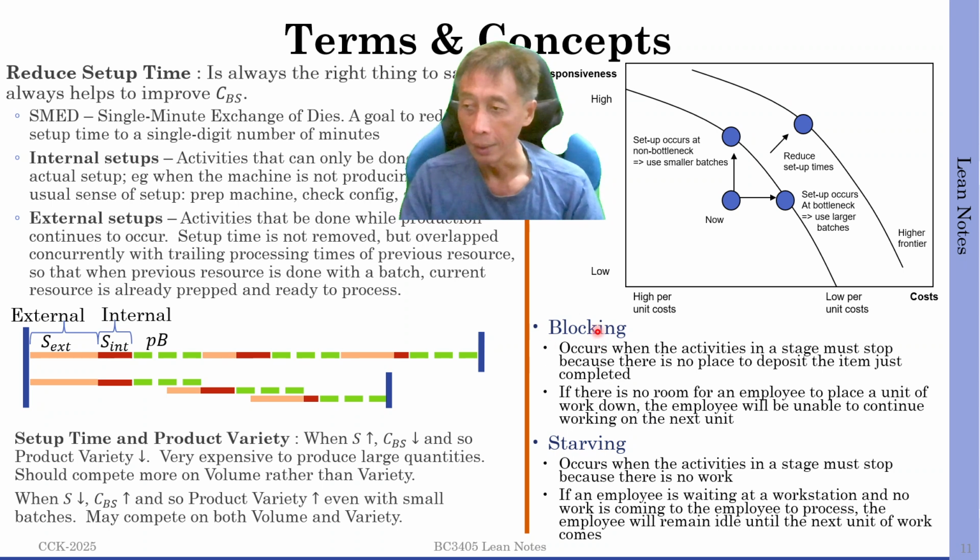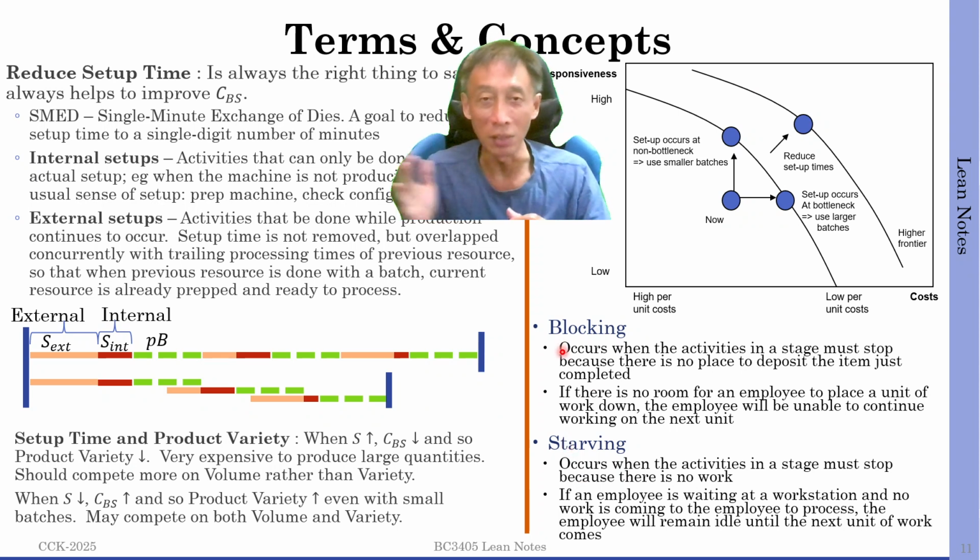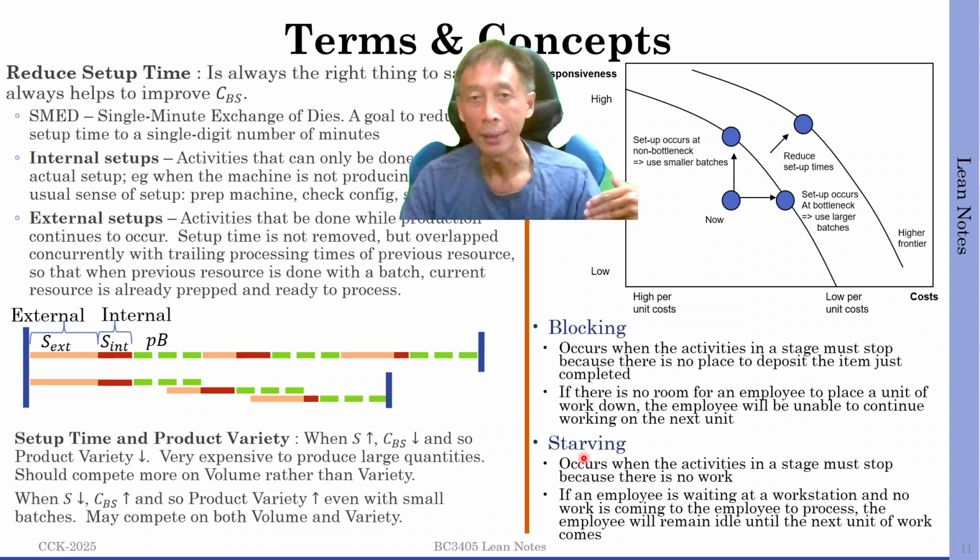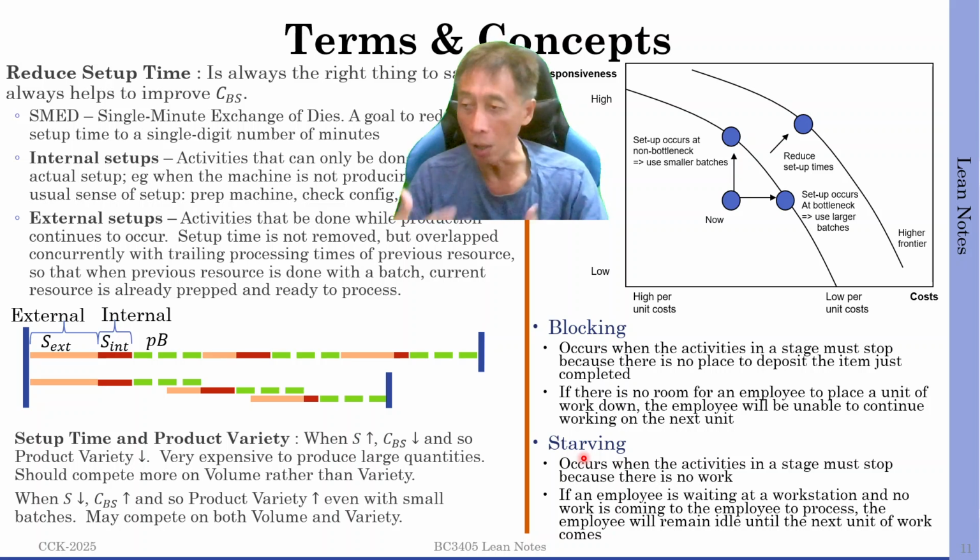Starving is the other way around, at the flow rate in. If blocking is the flow rate out being choked to zero, then starving is forcing the flow rate in to be zero. If you cut off the supply, the input into the resource, then the resource has nothing to work on, no raw materials.